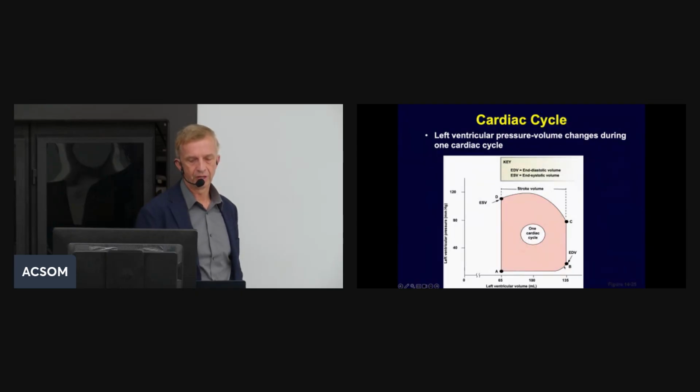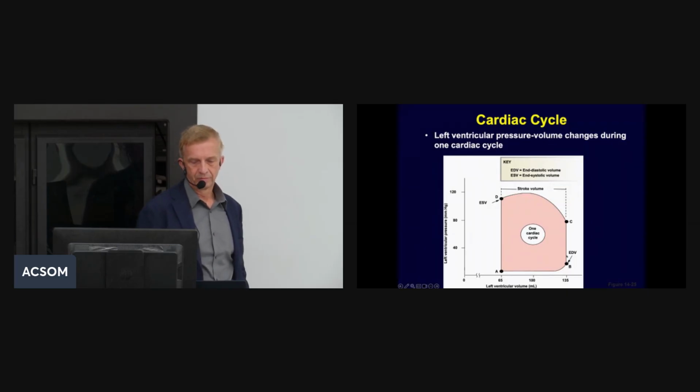There is an atrial contraction which causes increased pressure, and at the end of ventricular filling, it's called end diastolic volume, right? It's the highest volume that is in the left ventricle and right ventricle. And that's point B, end diastolic volume.